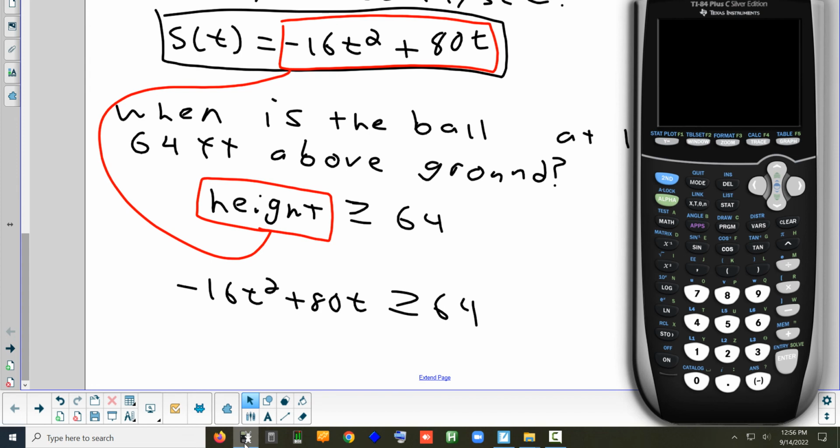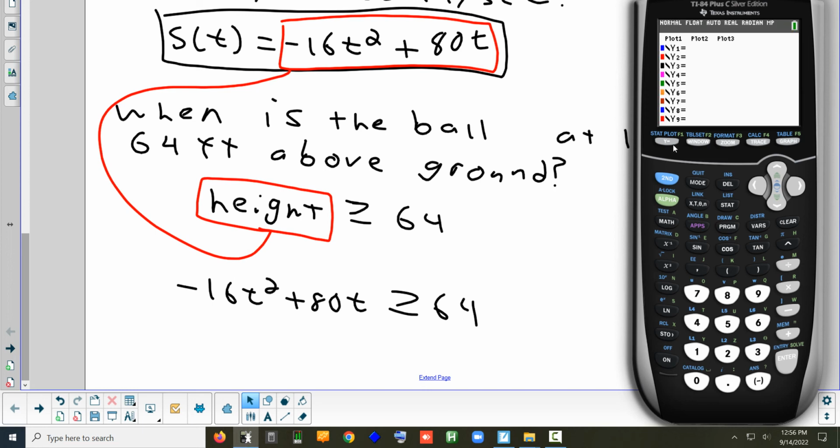So what we'll do is we'll graph it. We're going to do one side in y1, other side in y2. So I'm going to put negative 16x squared plus 80x, and I'm going to put a horizontal line at 64. Is the standard window okay?